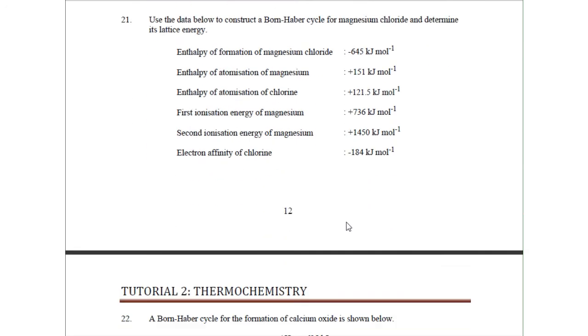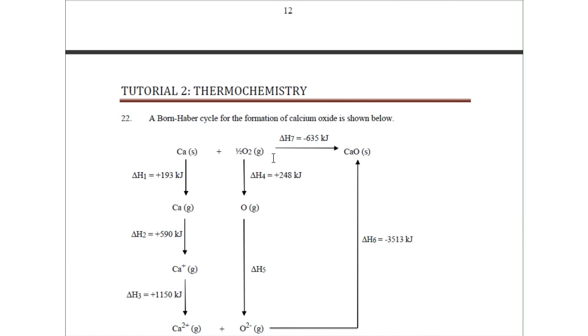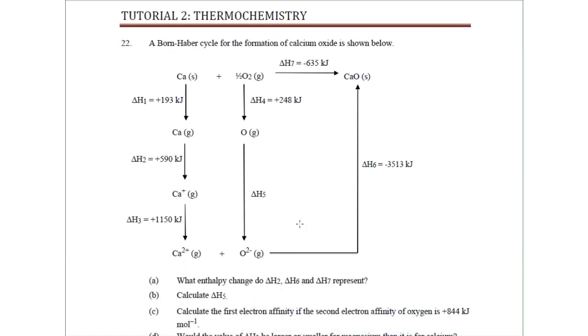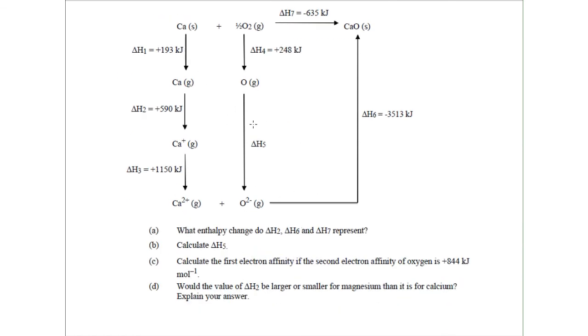And then question number 22. Okay, a Born-Haber cycle is given. Now you have to answer the questions according to this Born-Haber cycle. So what do enthalpy change 2, enthalpy 5, and enthalpy 7 represent? Please take note, even though this question seems simple, students might get it wrong because they just answer enthalpy of formation, that's all.